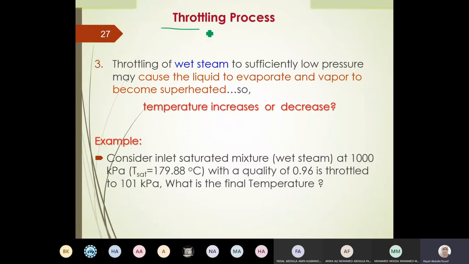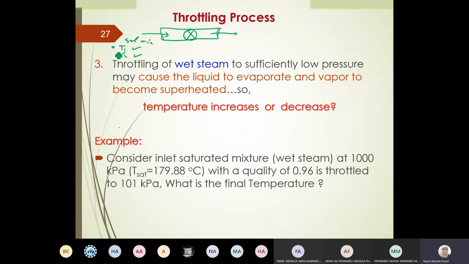I meant if I have a throttling process, for example here I have a valve, and I told you that the inlet is a saturated mixture, and I give you, for example, the temperature. Of course, if it is a saturated mixture, I need to give you the quality. If I did not give you the quality, you won't be able to solve. Remember that. Either the quality or information to help me calculate the quality. Easy.